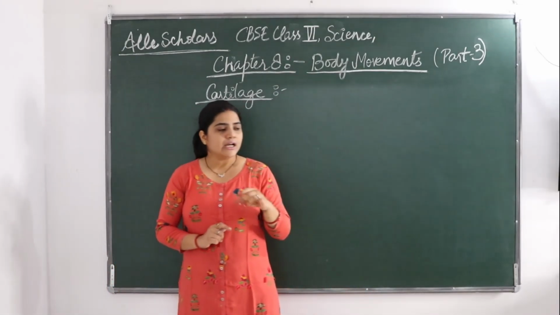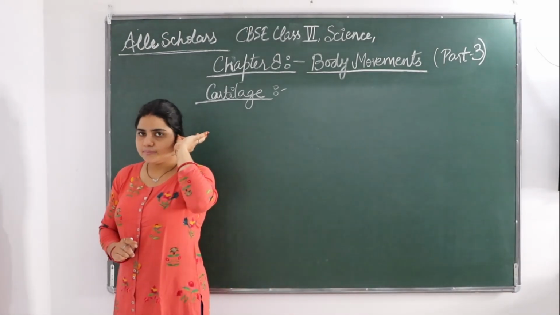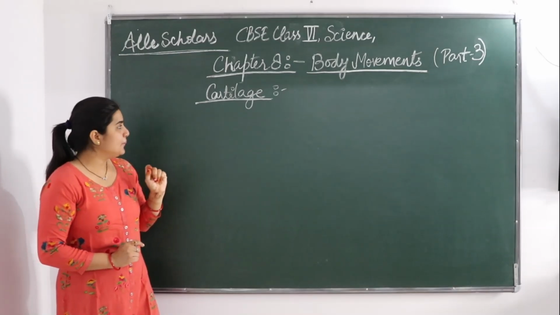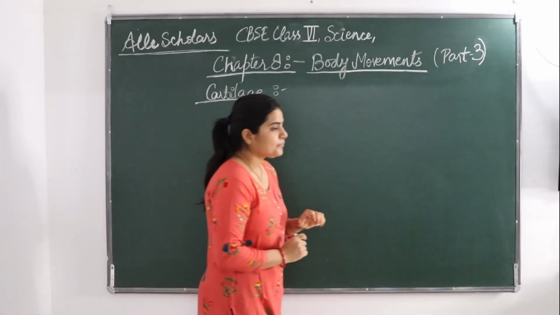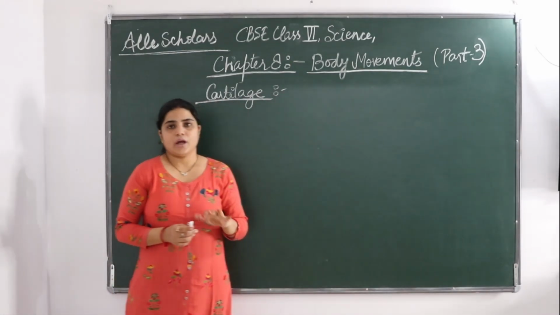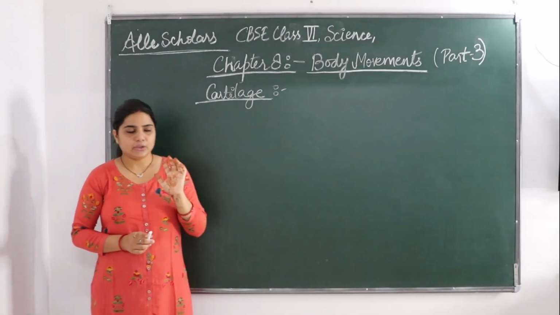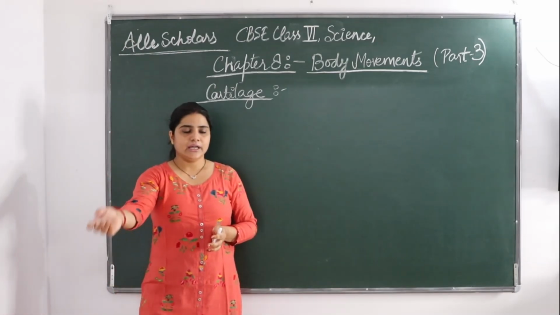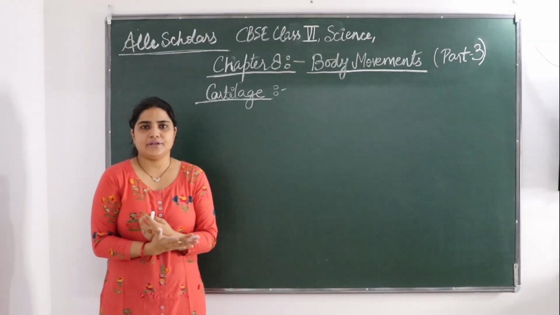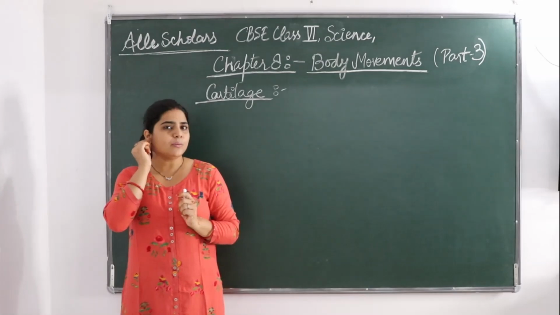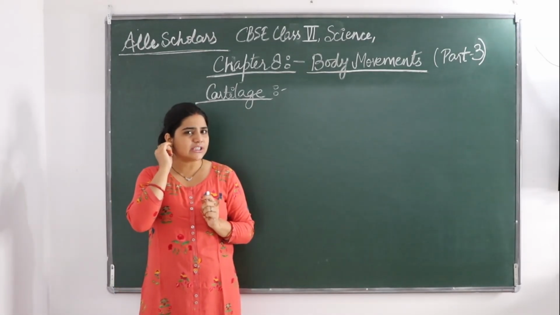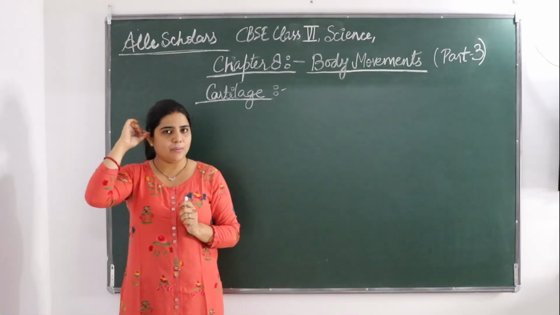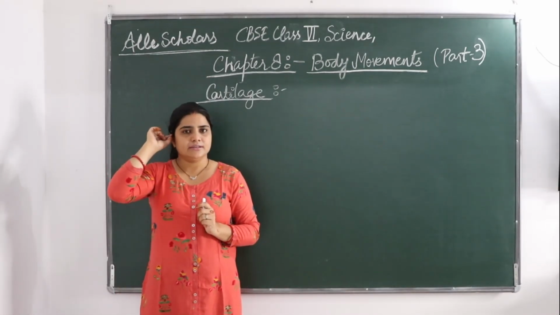If you see the upper part of your ear or the upper part of your nose, these cartilages are present. Do you see any difference between your earlobe and the upper part of your ear?